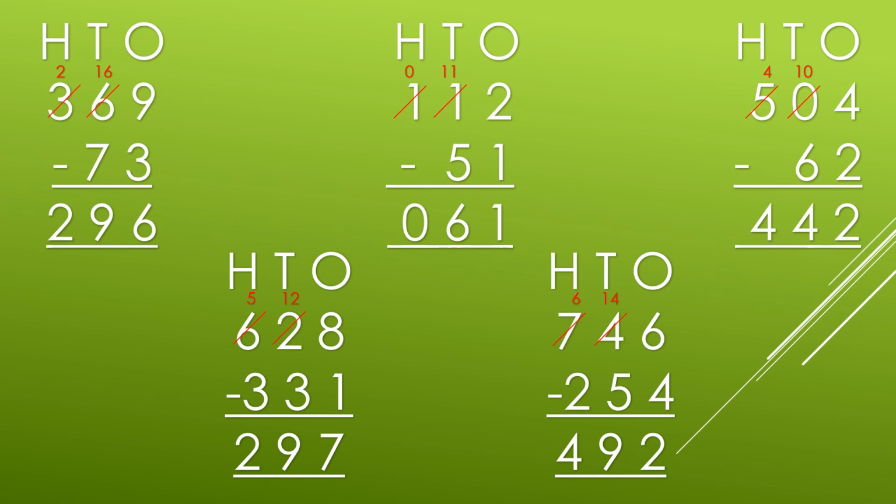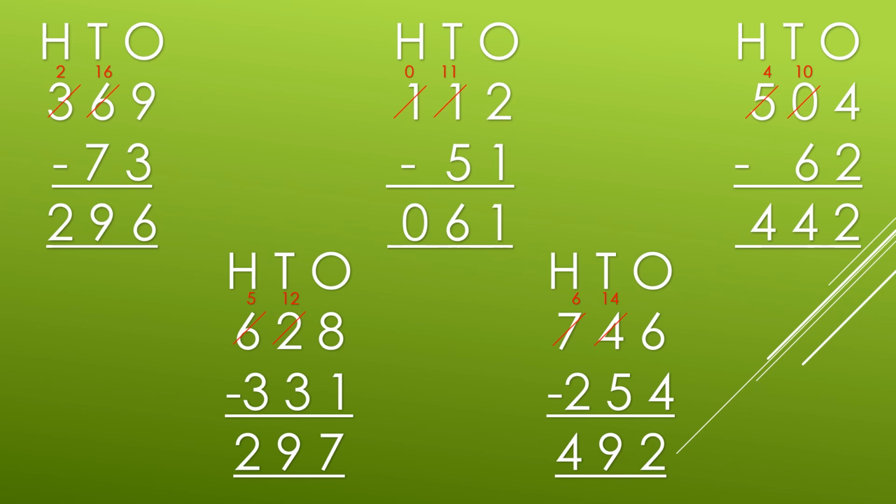Next example is 504 minus 62. 4 minus 2 is equal to 2. Children, we cannot subtract 6 from 0, so we will borrow. So 5 becomes 4 and 0 becomes 10. 10 minus 6 is equal to 4.